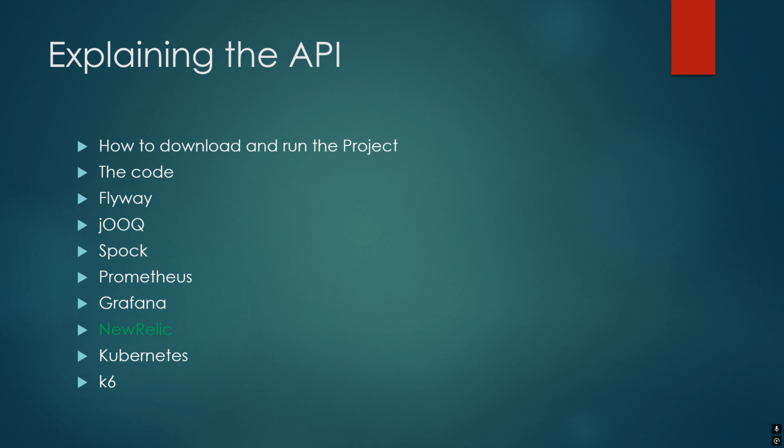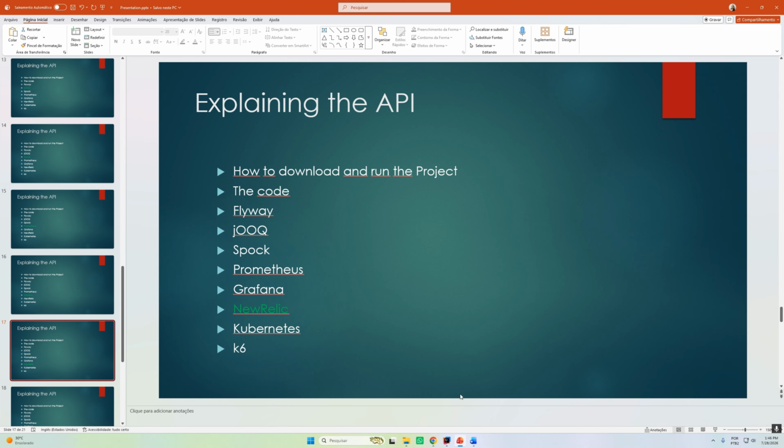You need to use the internet to access the functionalities, of course. So New Relic is another way of seeing the metrics of your API, all right? But there is a big difference that I'm going to show later, all right?